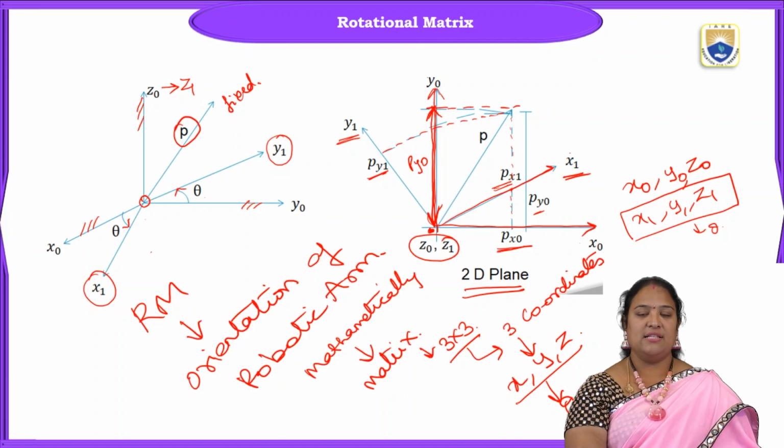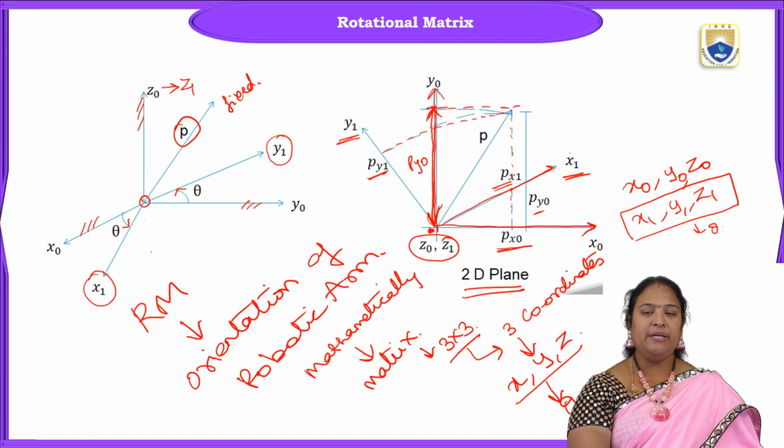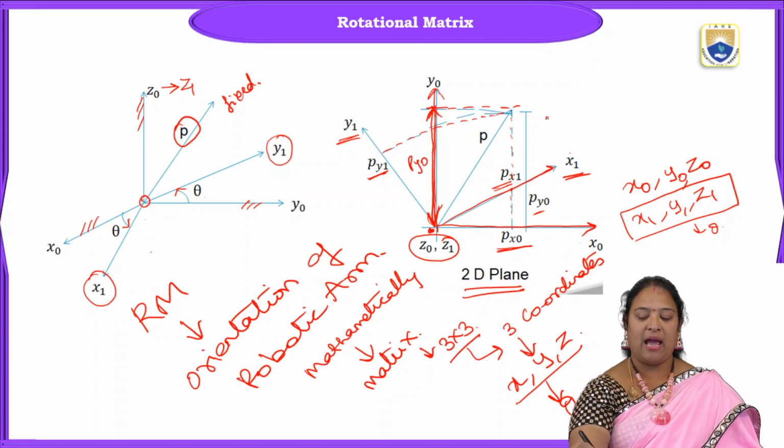Clear? For a two-dimensional plane, we will have only two axes, x and y. We have the x0 and y0 axes, and z0 and z1 are at the origin.